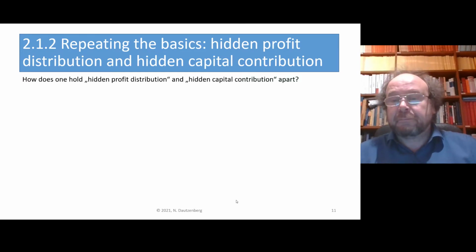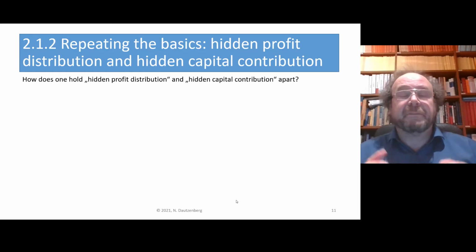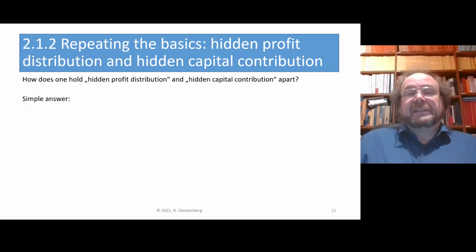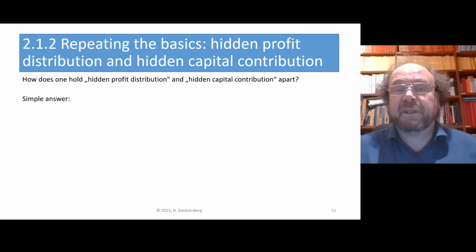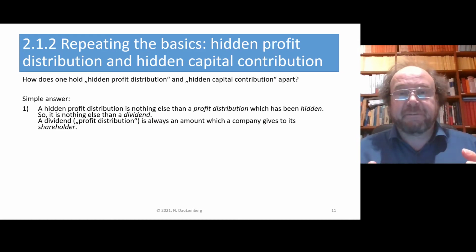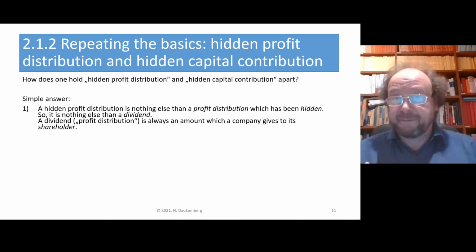Okay, now let's come to the puzzling and confusing question, at least for beginners. How do you keep these two different things apart? They have in common that something happens which is not market conform. Now, well, how can we keep things apart? The simple answer is, make yourself clear: a hidden profit distribution is nothing else than a profit distribution which has been hidden.